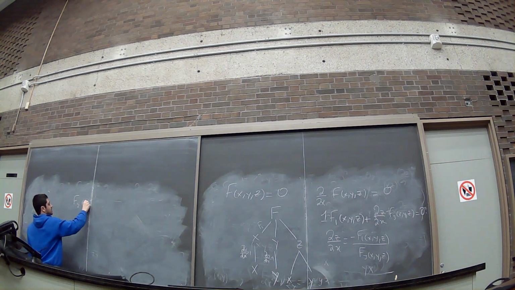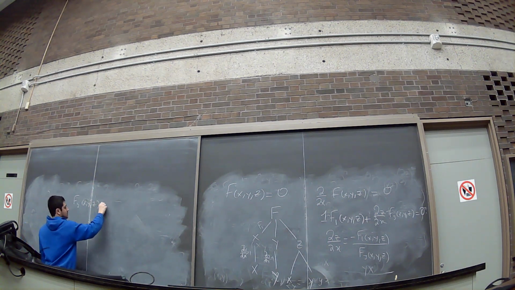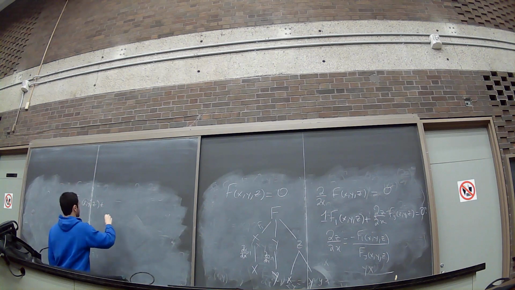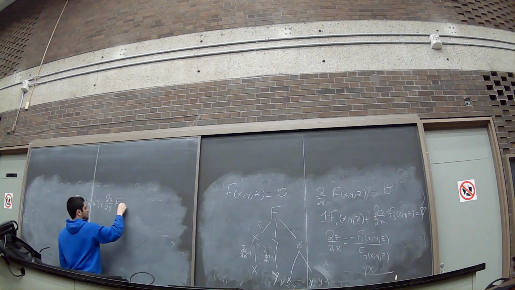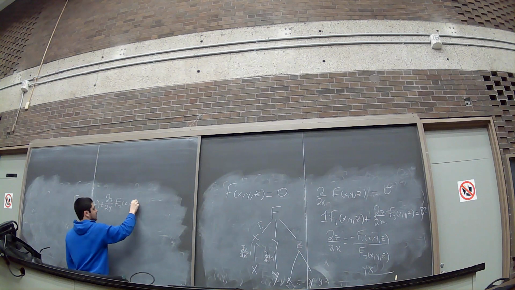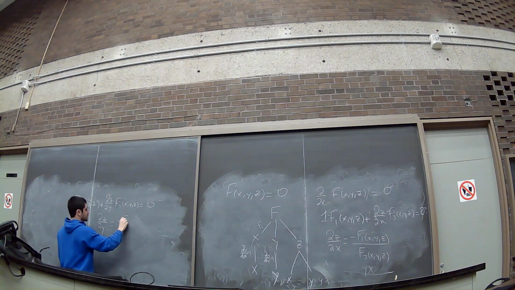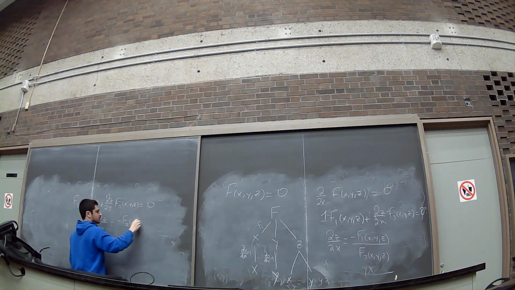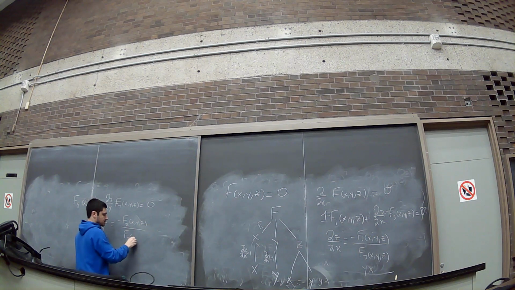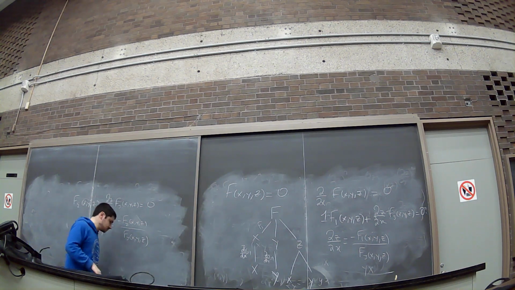So that's f2(x, y, z) plus del z del y times f3(x, y, z) is equal to 0. So del z del y is equal to what? Minus f2(x, y, z) over f3(x, y, z). Okay, let's do some examples.